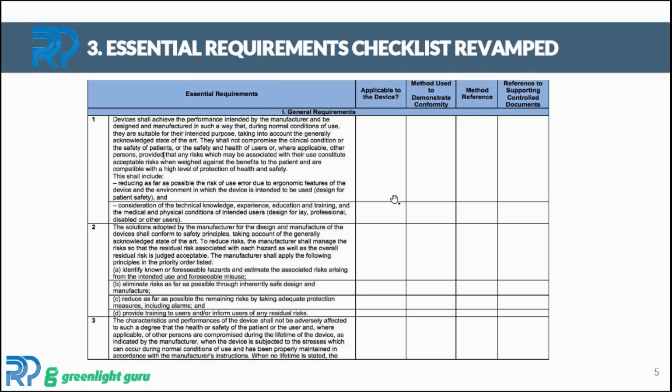Those gaps will arise in a number of different areas, probably in risk analysis and in any clinical evaluations or clinical evidence that supports your product, because those have also been heavily revised in the new MDR, and any plans and processes you have in place and the appropriate objective evidence. But you certainly want to look at tracing that as quickly as possible.